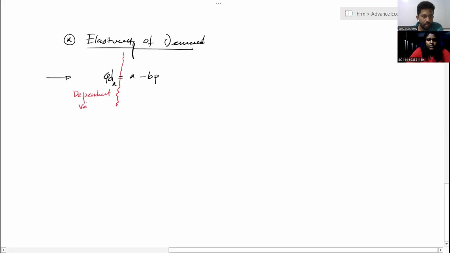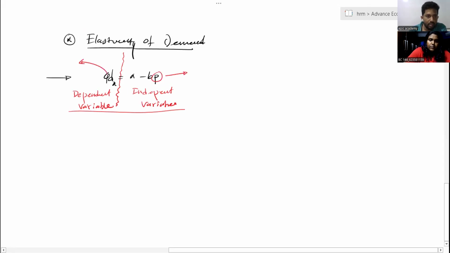On the right side, you include the independent variable. Now you can identify that price is the independent variable. QD is the dependent variable.